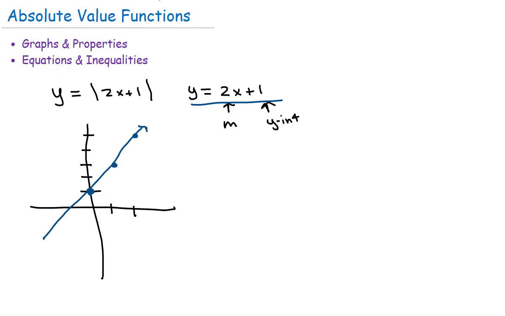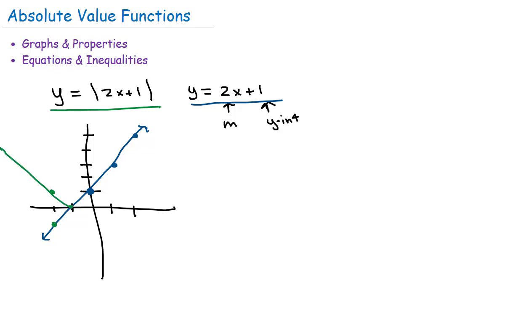Now, if we're going to take the absolute value of this function, then visually what we would do is anything that was negative or below the x-axis would then move upward and then go above the x-axis. So we would just take our points, and anything that would be negative is now going to turn positive, and so like this point here would reflect upward, and our graph would now become this one.